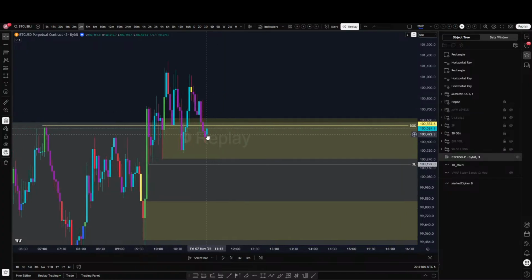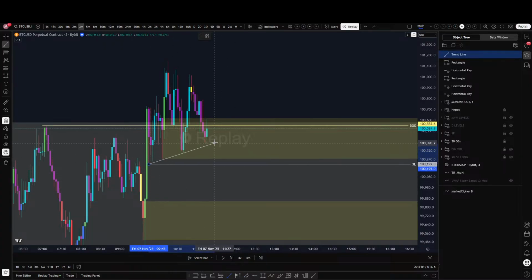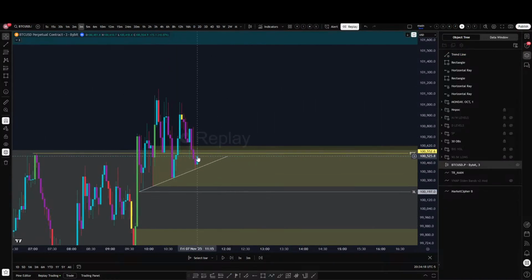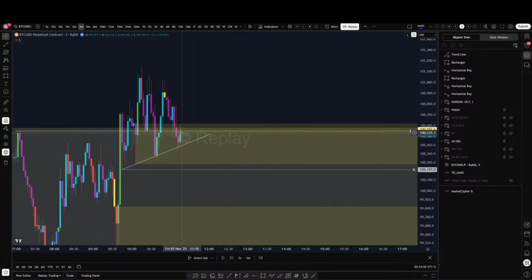I was waiting for this candle to engulf, and I saw we had a bullish trend line from this low right here. So when I saw that, I was waiting for this to engulf. I actually took it before the close because it was here, and it was like, I think 10 seconds to close, and then they brought it down, no problem.